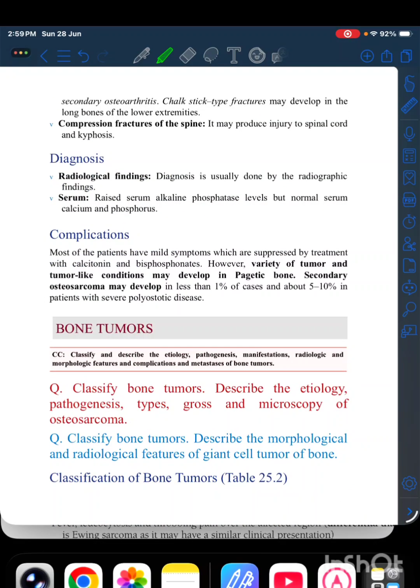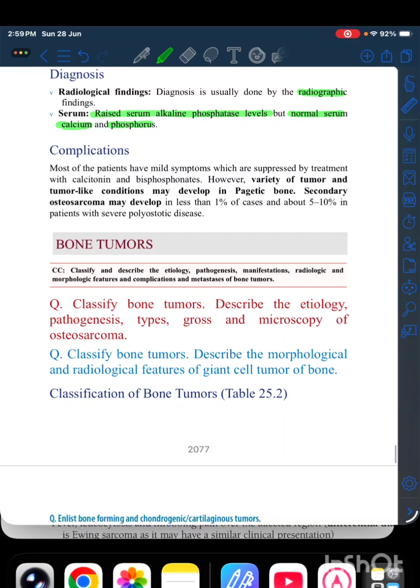Diagnosis is by radiography. Alkaline phosphatase levels are raised, but serum calcium and phosphate levels are normal. Complications: tumors or tumor-like conditions may develop in Paget disease. Secondary osteosarcoma may develop in less than 1%.